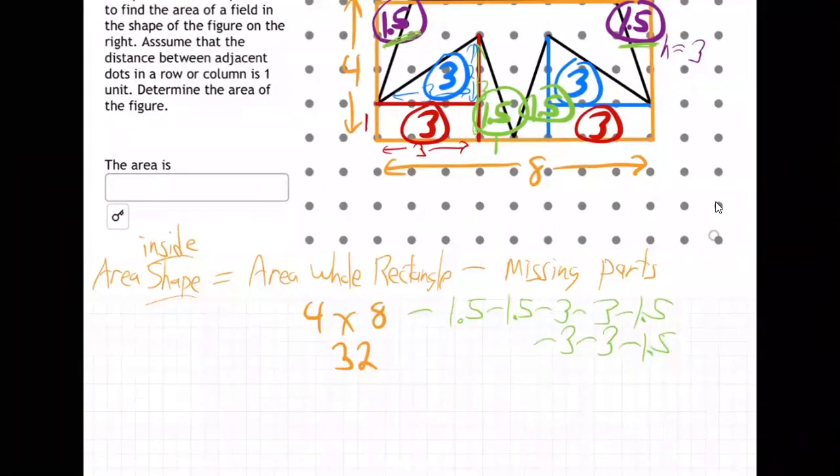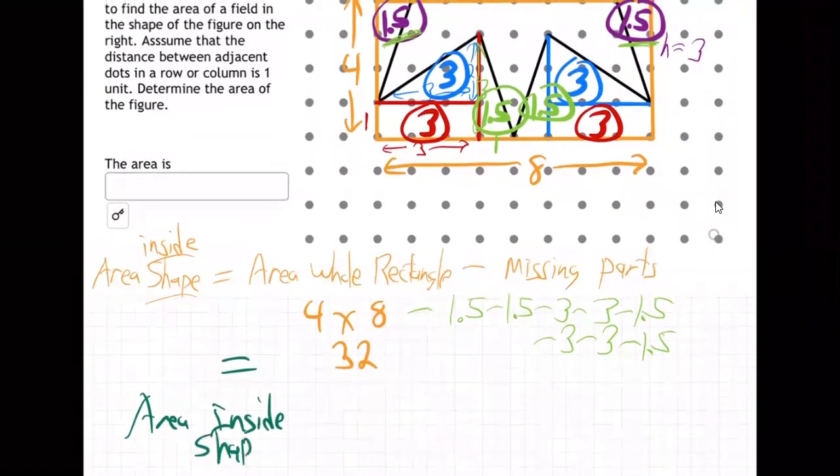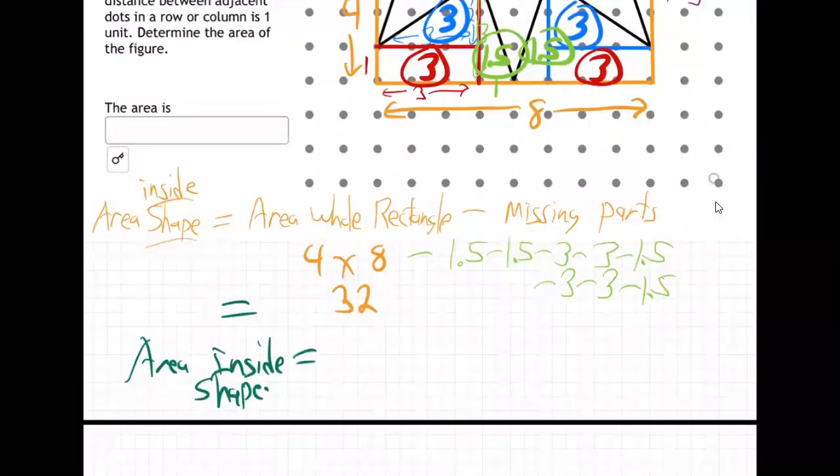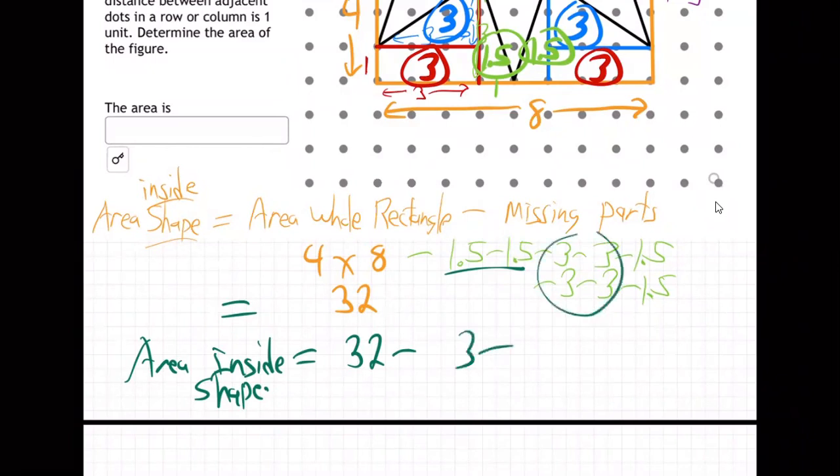So if you subtract all of that, what do you get? The area of the inside shape will equal 32 minus, if you add all these up, 3 and 3, and these guys make 12, and then these guys make a 3, don't they?